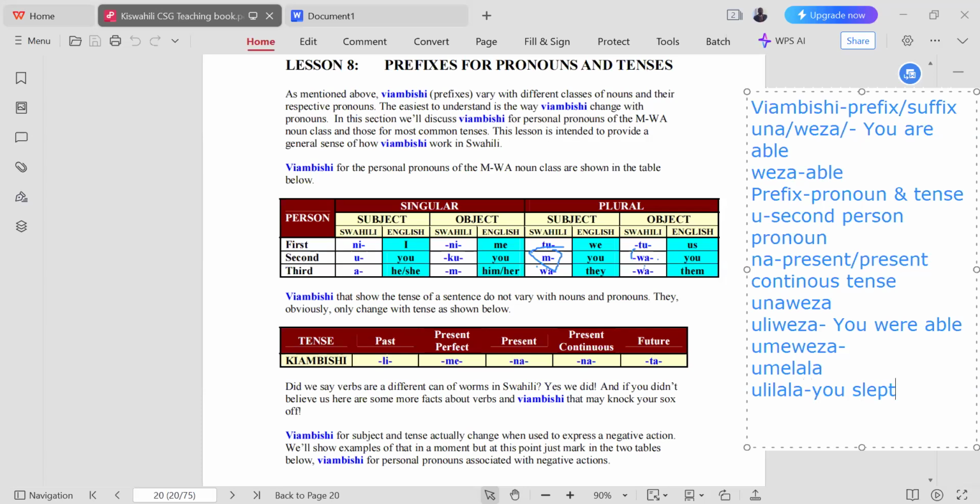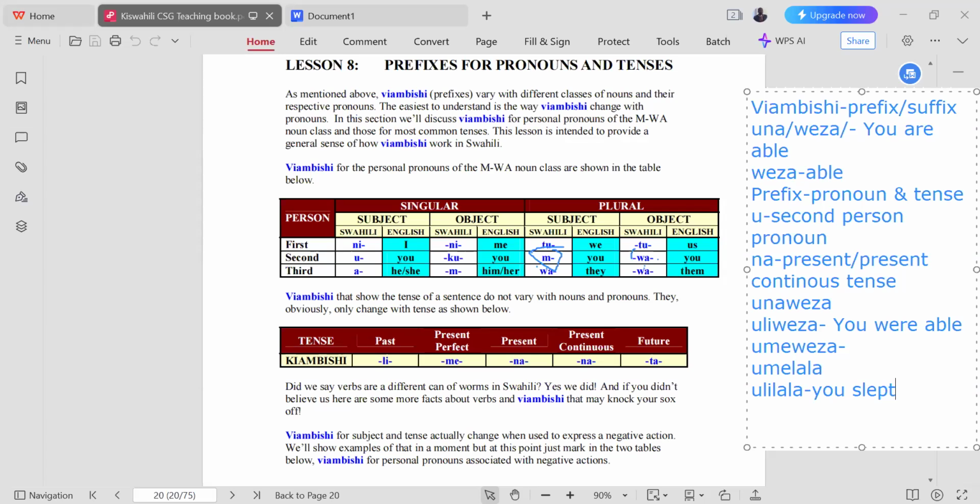So the action is far over. The action had already taken place some time back, and you are no longer doing the same action, which means you are now awake. I think that you slept.